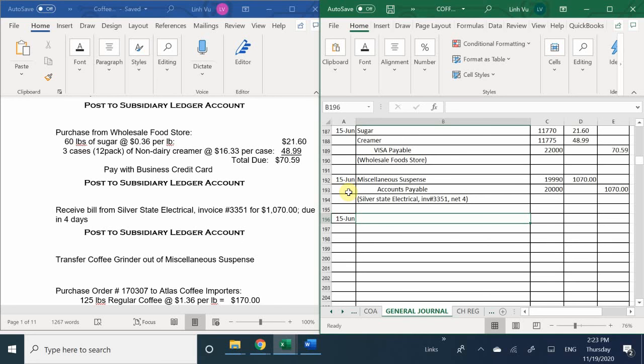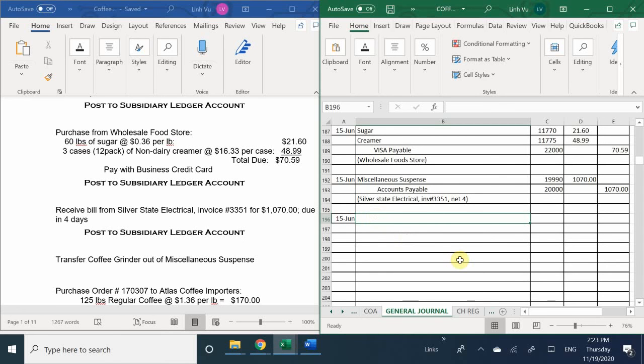Transfer coffee grinder out of miscellaneous suspense. Okay, so I'm going to start obviously in the journal. We're transferring it out of miscellaneous suspense. So would the first one be the coffee grinder? Good. And what account number is that?